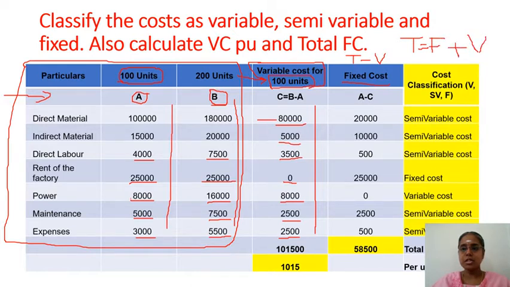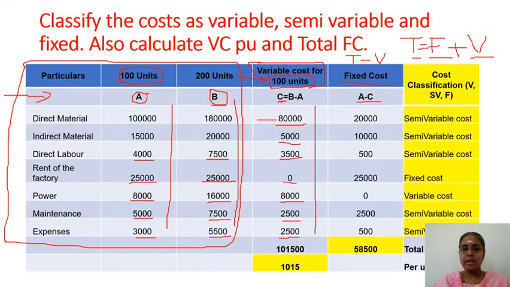So when calculating fixed cost, it is total cost minus variable cost, for the same number of units. Total cost for 100 units minus variable cost for 100 units. So it is column A minus column C, which we have calculated.